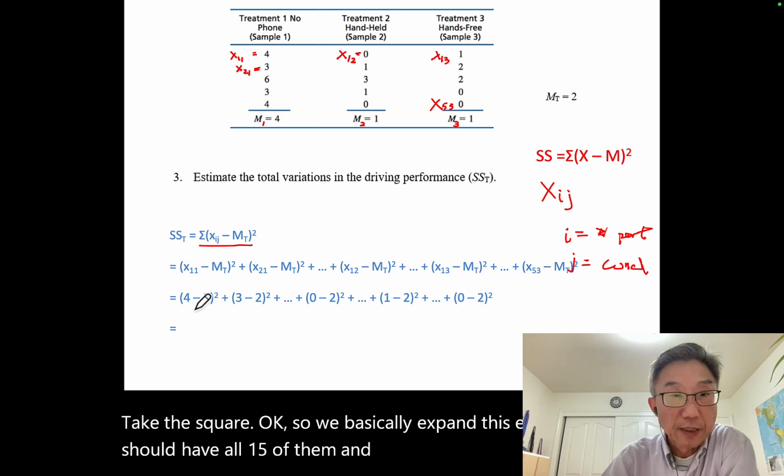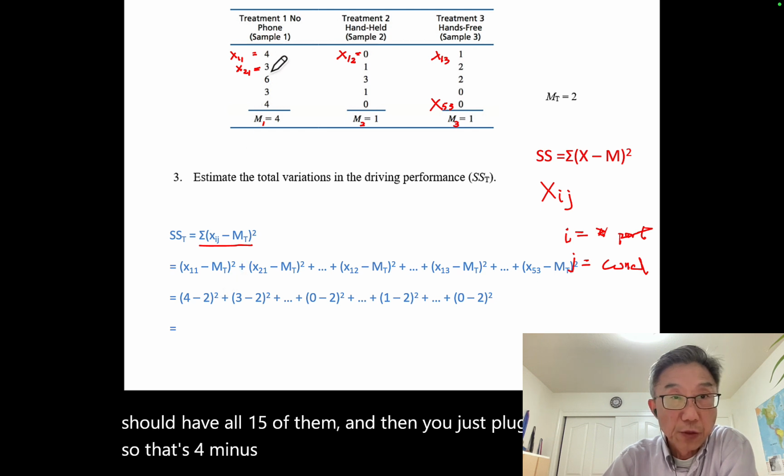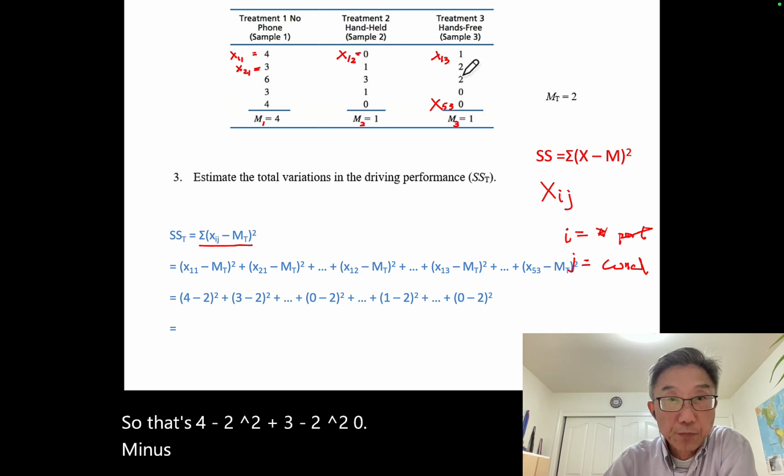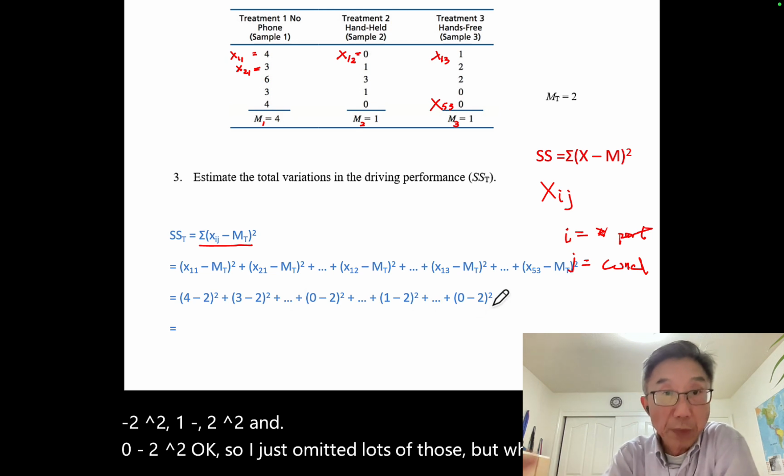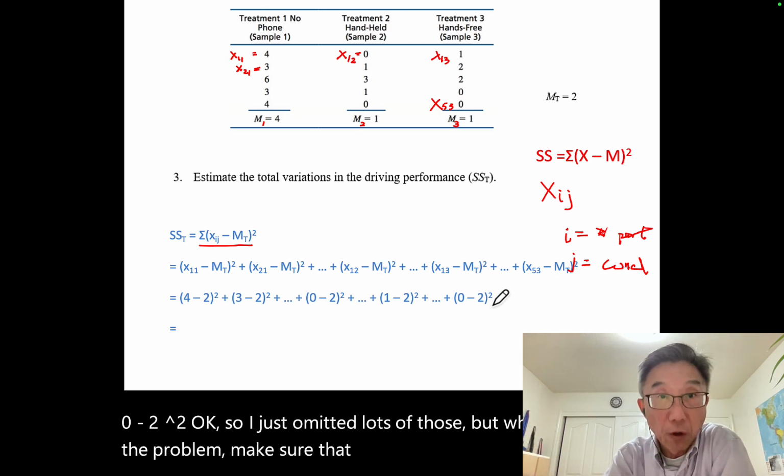And then you just plug in the numbers. So that's 4 minus 2 squared plus 3 minus 2 squared, 0 minus 2 squared, 1 minus 2 squared, and 0 minus 2 squared. Okay, I omitted lots of those, but when you work on the problem, make sure that you have all 15.